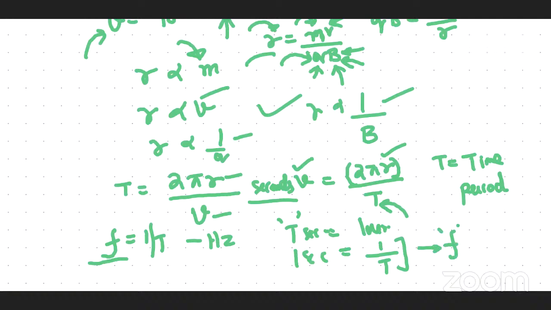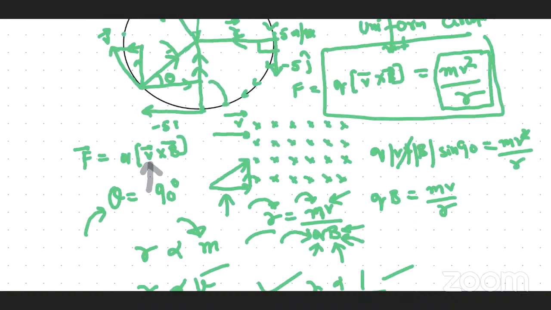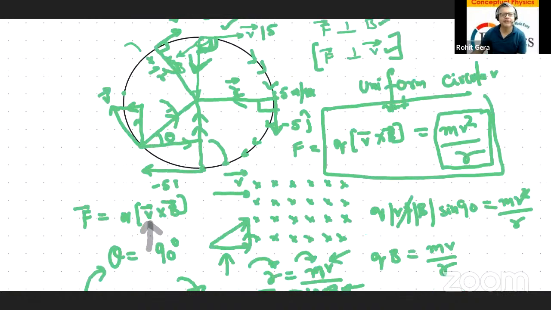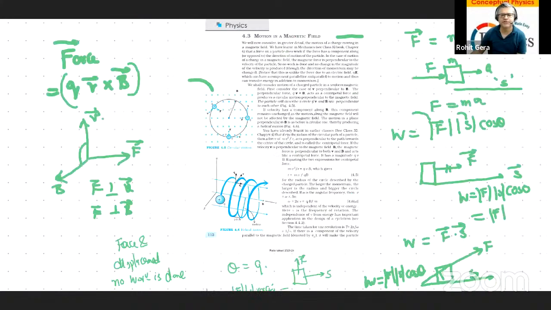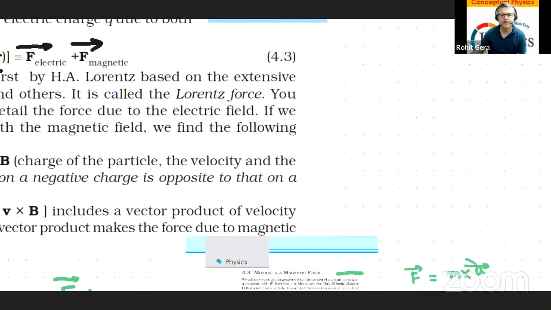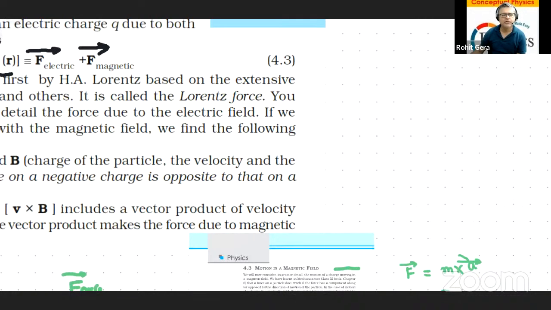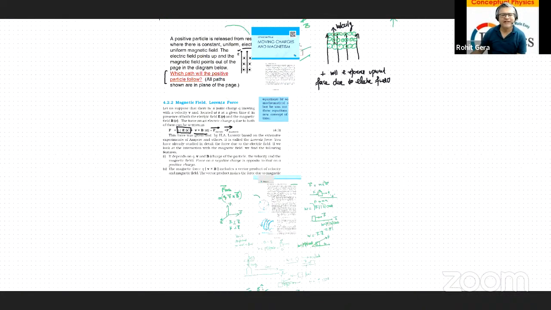in hertz. So earlier we were just considering these questions that the force is perpendicular to velocity and the magnetic field, and we were learning how to apply the concept of vector product to find the direction of the force.